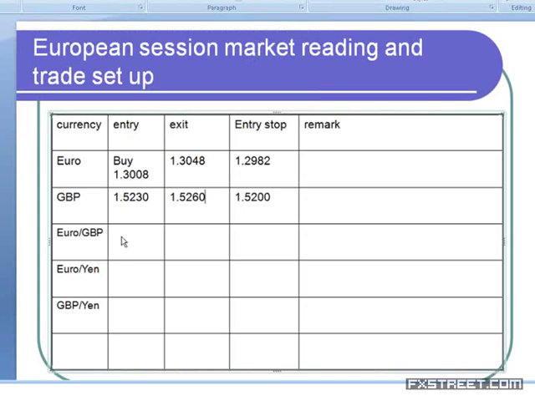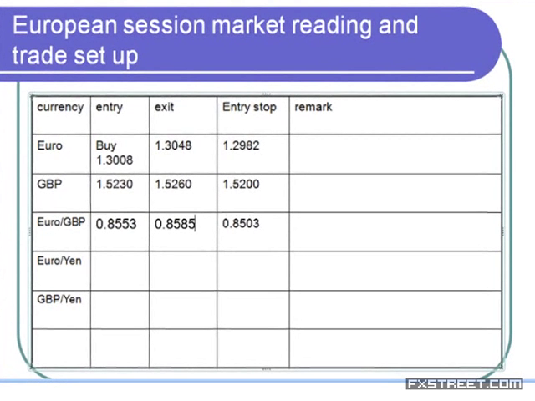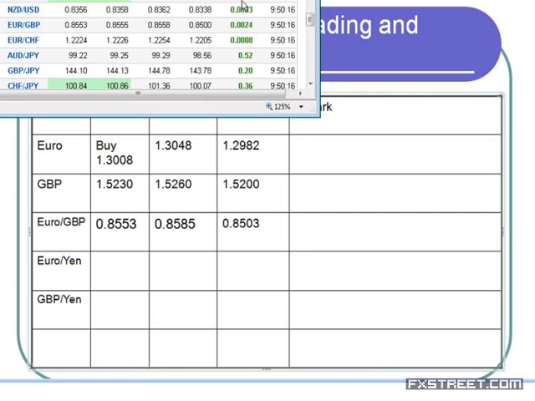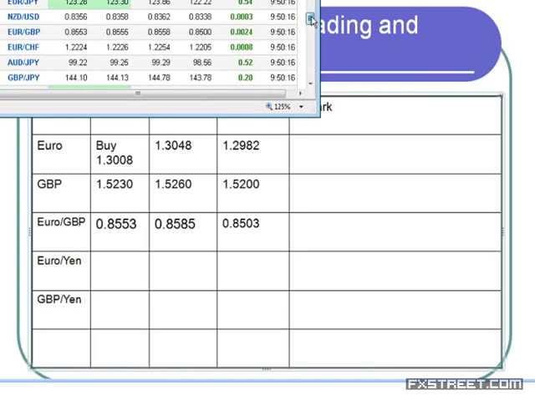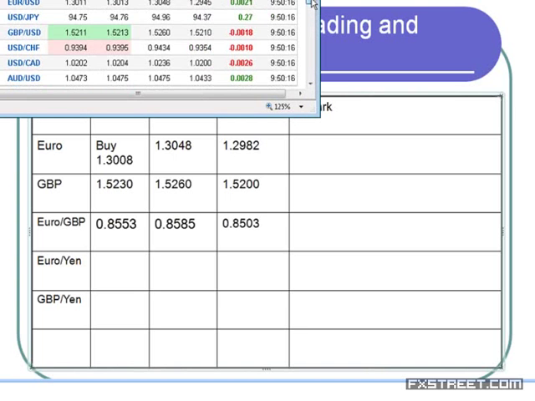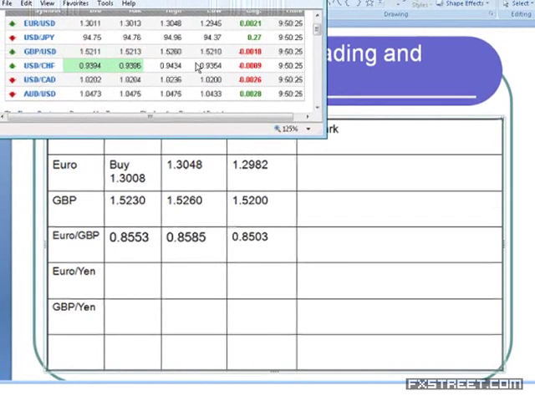So 0.8553 we take buy, and entry stop 50 pips below in the case of crosses. So just about 30 pips above that of the market, we'll try to keep the limit order. In the case of euro GBP, as I explained, they are making the gaining move in the case of euro and negative net change, and they are holding it near that of the low in the case of GBP.